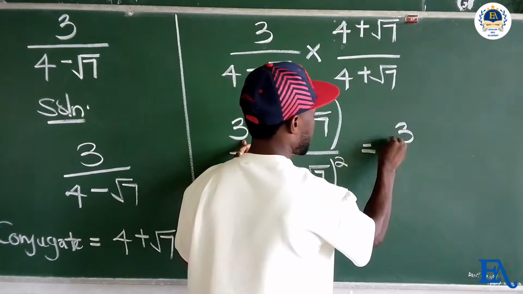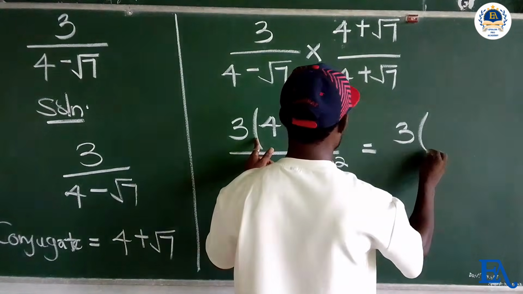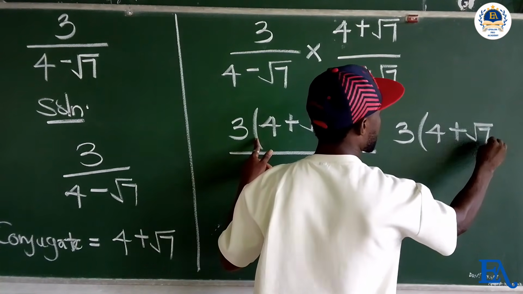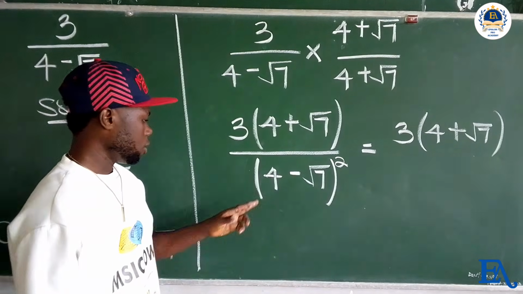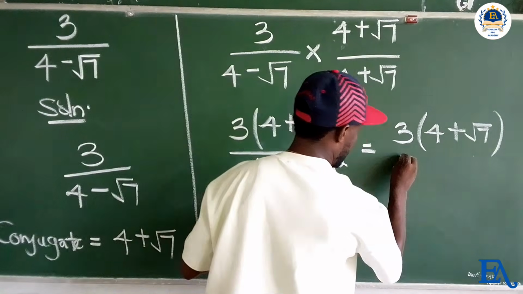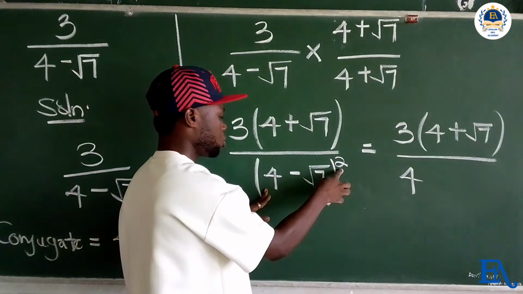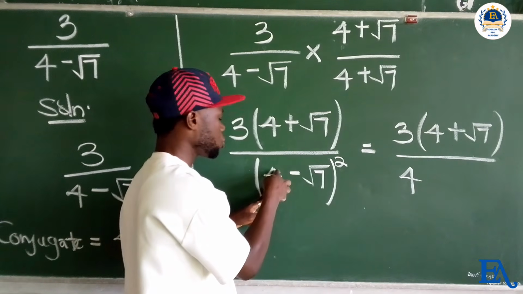So let me write what I have in my numerator. I have 3, bracket open, 4 plus root 7, bracket close. Over here, I have 4. These 2 will affect this. It will become 4 raised to the power of 2.